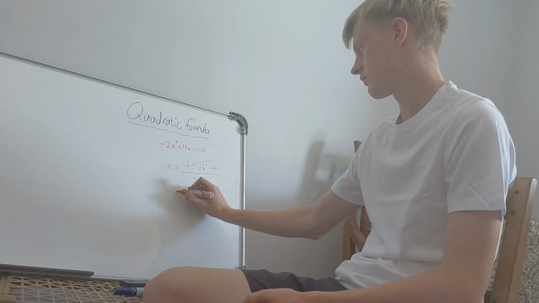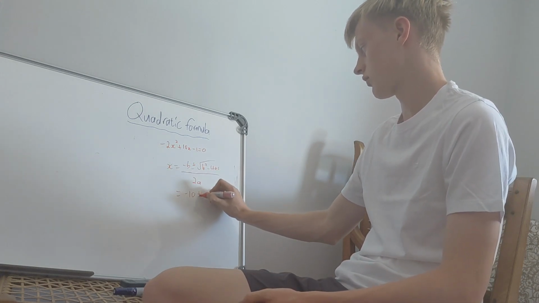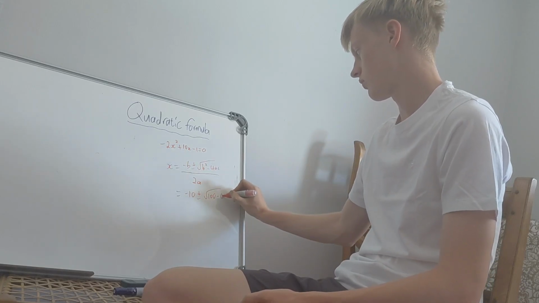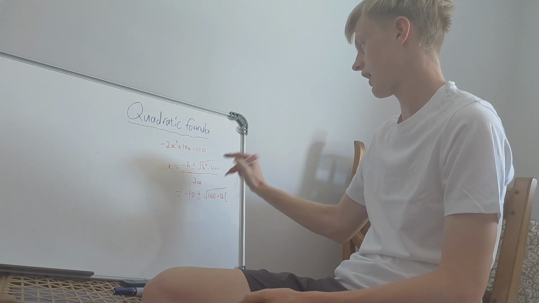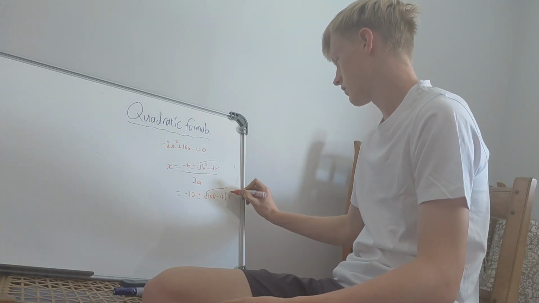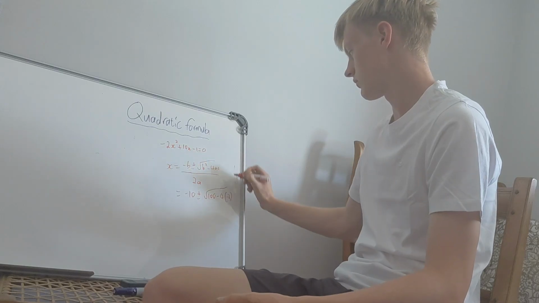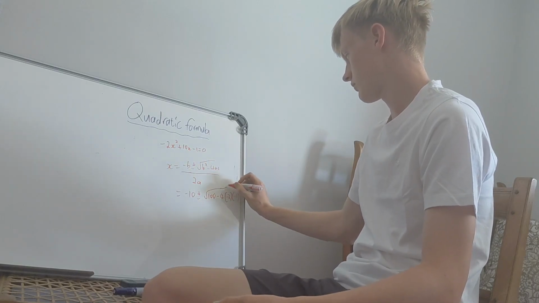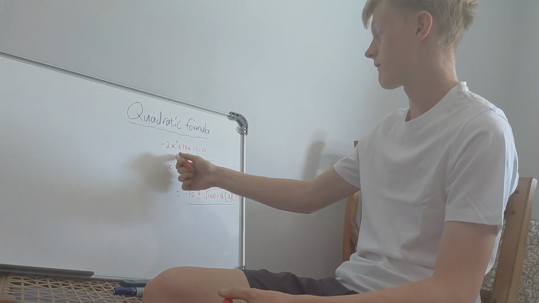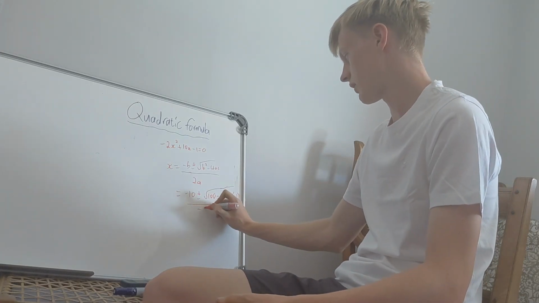So b is 10. So it's minus 10 plus or minus the square root of 10 squared, 100, minus 4 times a. a is the coefficient of the x squared term, which is minus 2, times the constant term c, which is minus 1. This is all over 2 times the coefficient of the x squared term, which is minus 4.